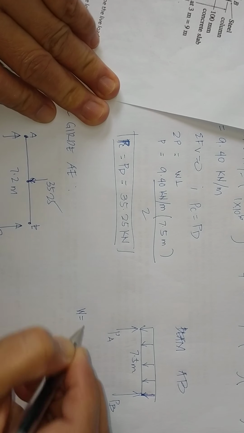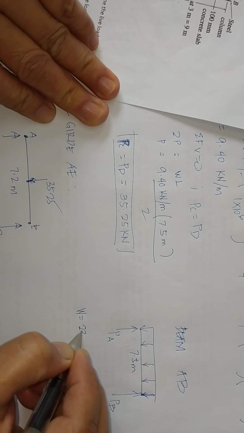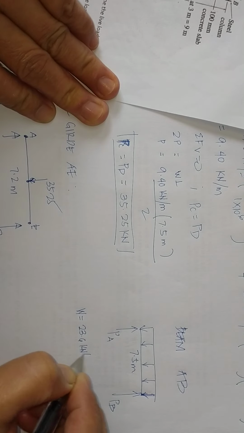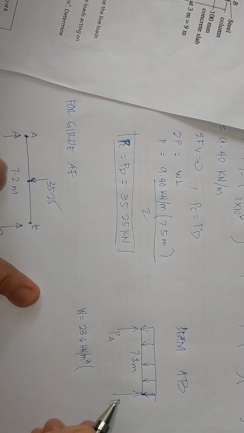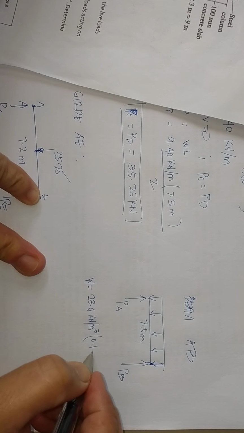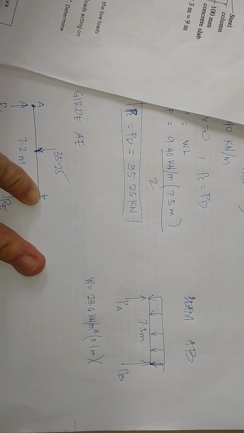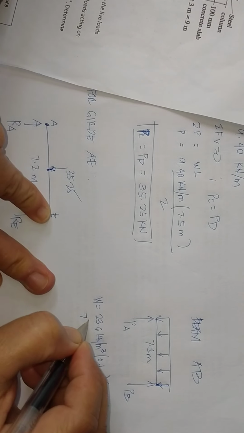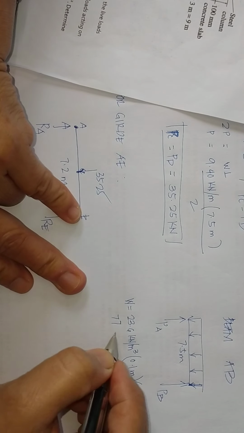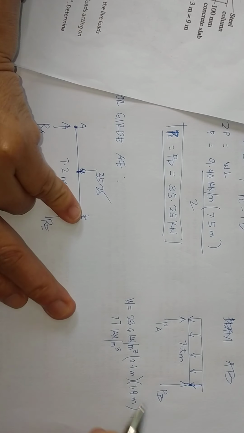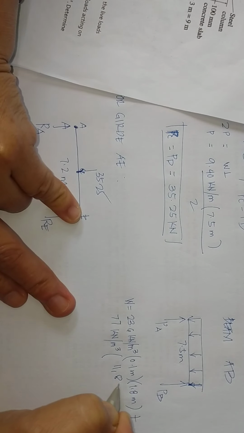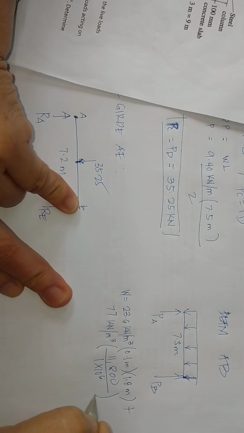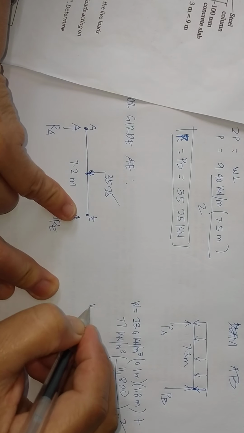The small w is the weight of concrete, 23.6 kilonewton per cubic meter, multiplied by 0.1 meter thickness of slab, multiplied by the width of tributary area, 1.8 meter, plus 77 kilonewton per cubic meter weight of steel beam, having the 11,800 over 10 to the 6 in order to be meter square.